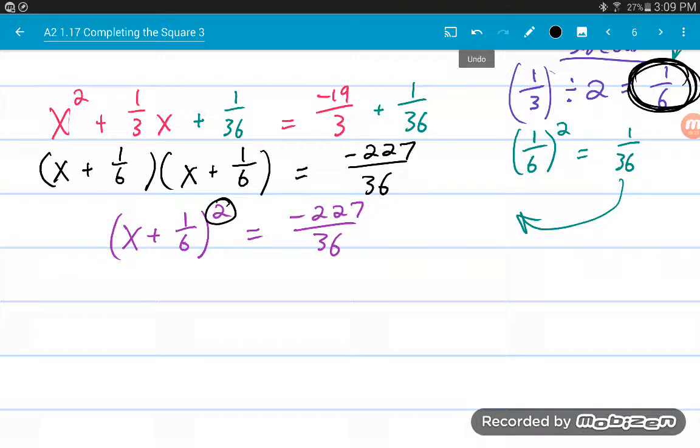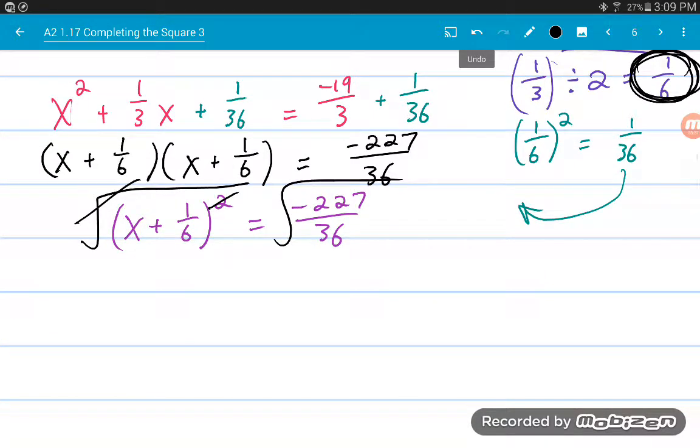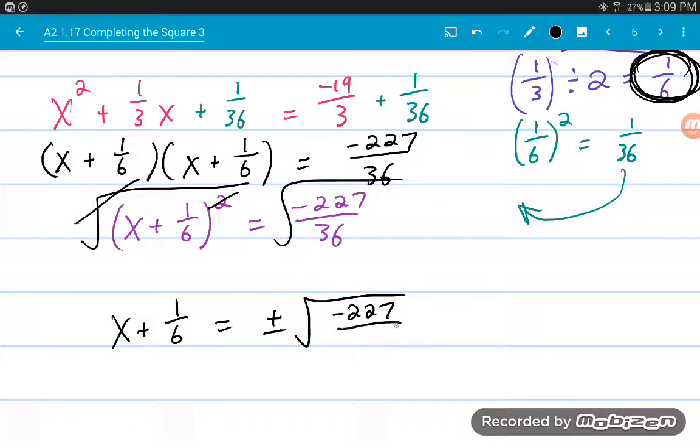In order to get rid of this square here, I'm going to have to square root both sides, and the square root will cancel out. When I rewrite, I'm going to have x plus 1/6 is equal to plus or minus the square root of -227/36.